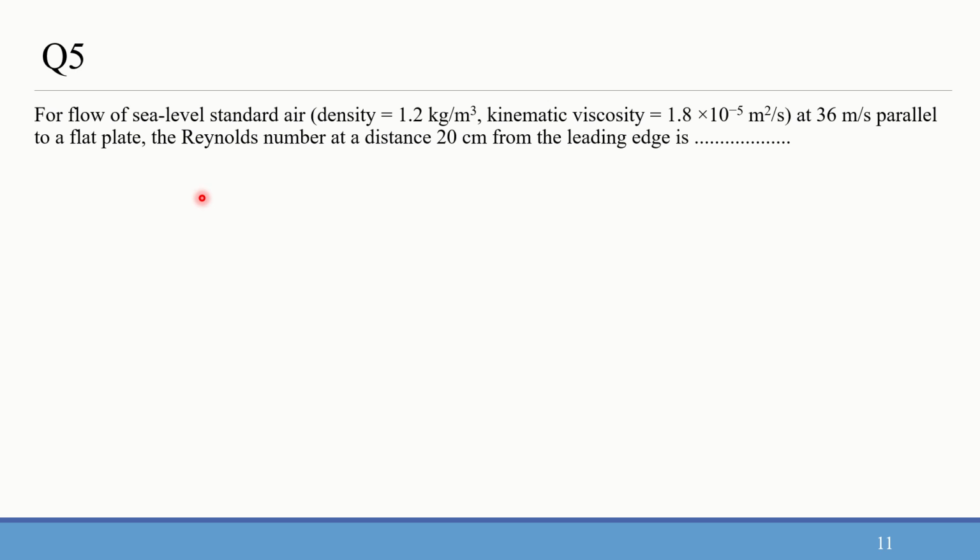For flow of sea level standard air, whose density is 1.2 kg per meter cube and kinematic viscosity is 1.8 into 10 power minus 5 meter square per second, at 36 meter per second parallel to a flat plate, the Reynolds number at a distance of 20 centimeter from the leading edge is dash. This is similar to the first problem which we saw. So what is asked? We are given the density, and I'll just check the value once.